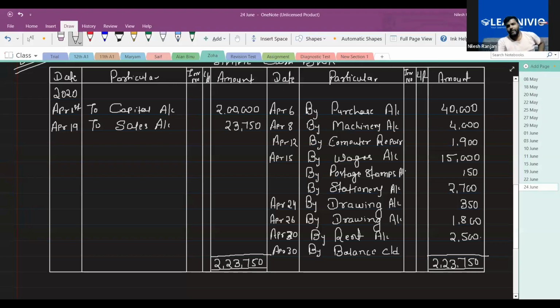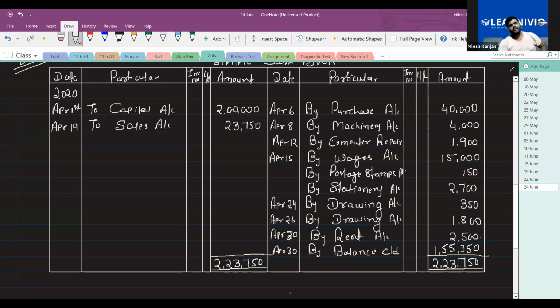So we will calculate the amount. It is 1,55,350.